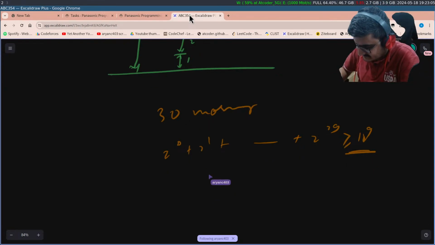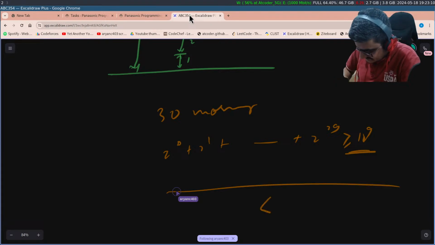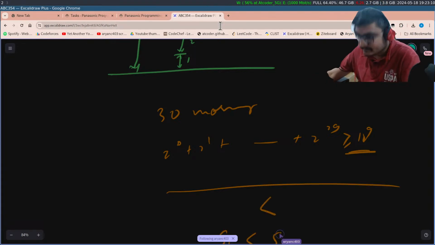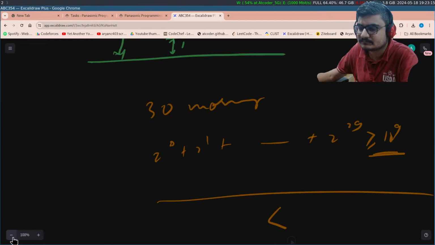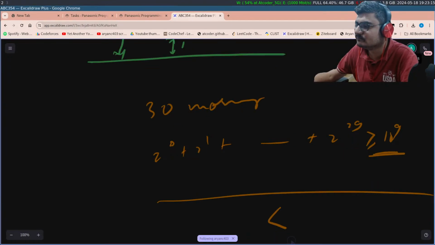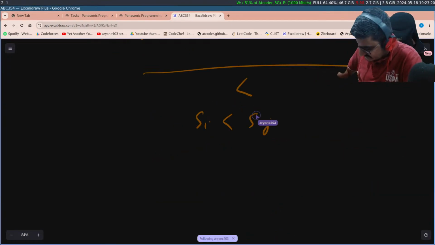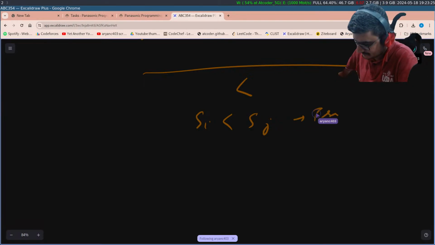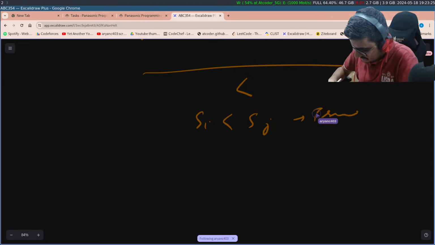If you do S_i less than S_j, it will return true only if the ith string comes before the jth in the dictionary order. In fact, we can use this to directly sort the strings.